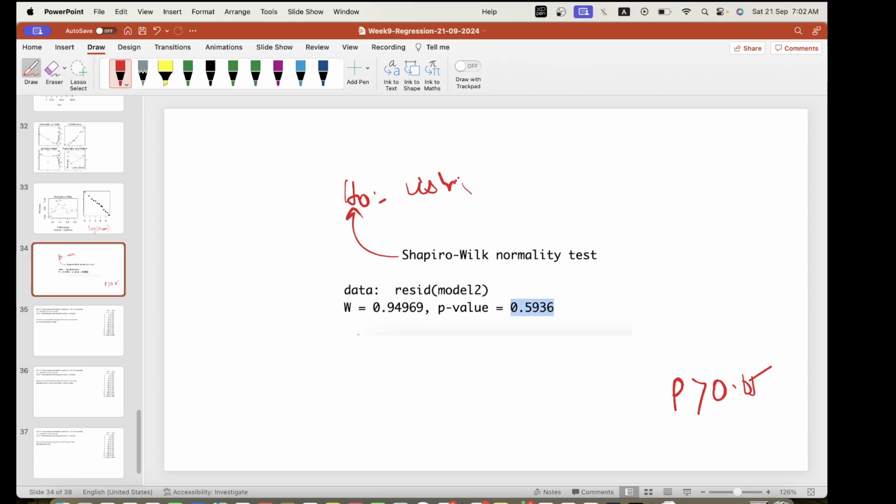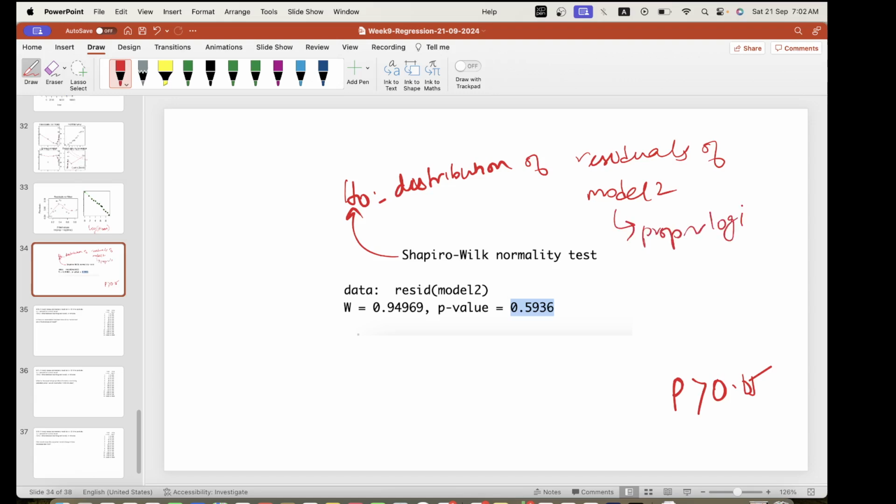H0 corresponds to the fact that the distribution of residuals of model 2, that is proportion on log time, is normally distributed.